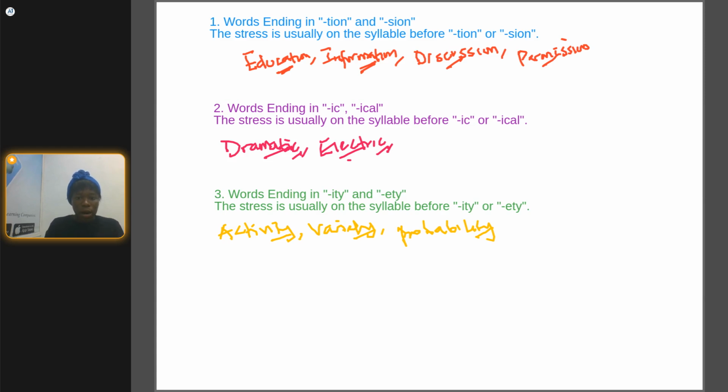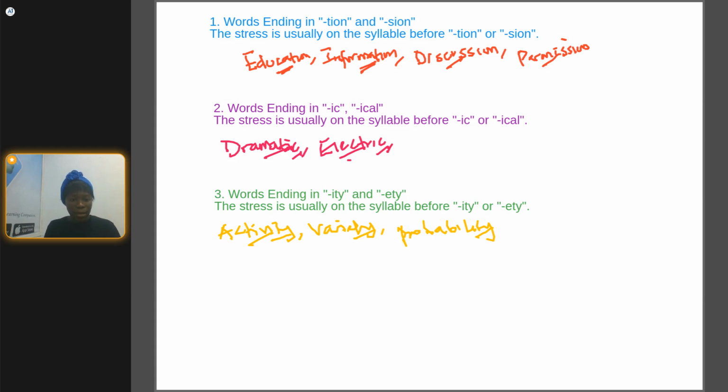So just know that the stress is on the syllable before the last syllable. For activity, how many syllables do we have? We have four syllables. So the stress for activity is on tiv. Activity.